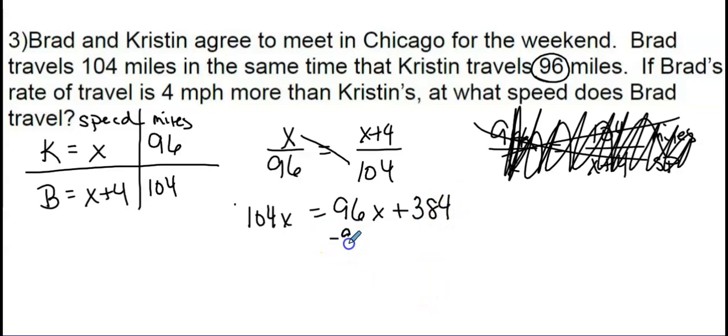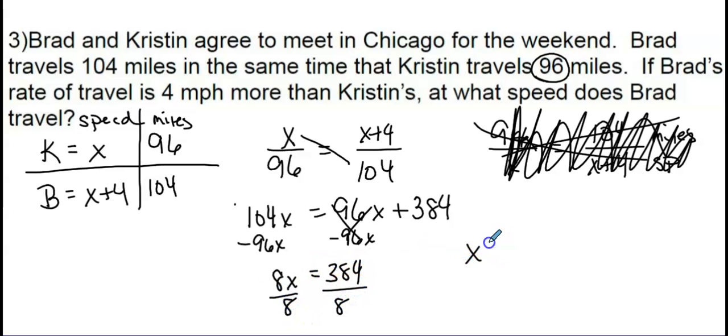Okay, so I'm going to subtract 96X. That cancels. 104 minus 96 is 8X equals 384. Divide by 8. X equals, what did we get? 48. That's Kristen's speed.